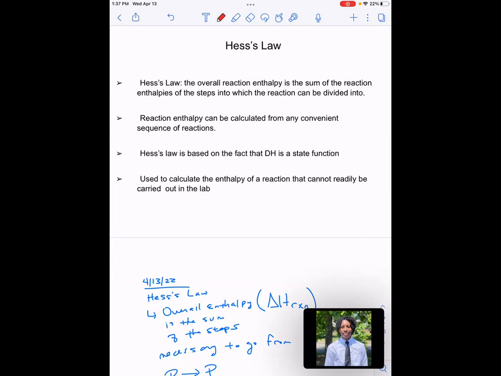All right, so overall reaction enthalpy is the sum of the reaction enthalpies of all the steps that the reaction can be divided into. I'm gonna talk about that in a minute too, because in the example that we're gonna work through, you'll see what that means.